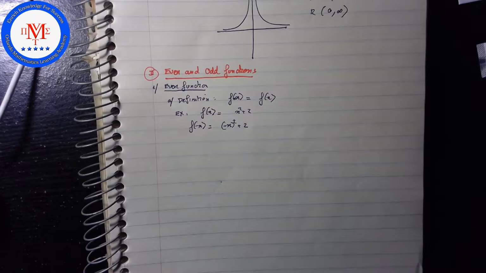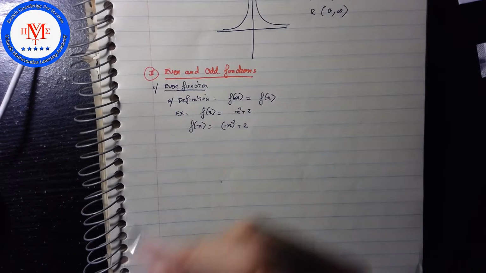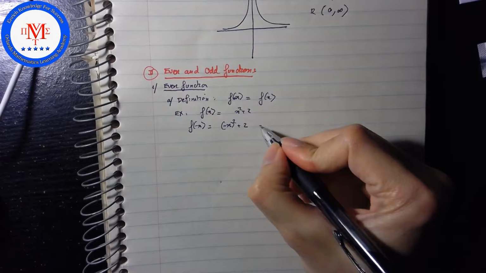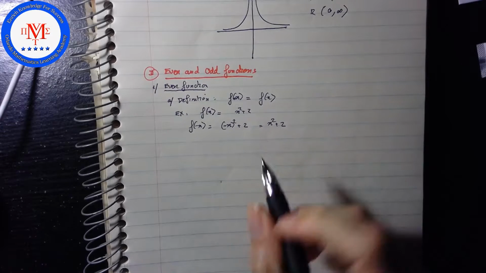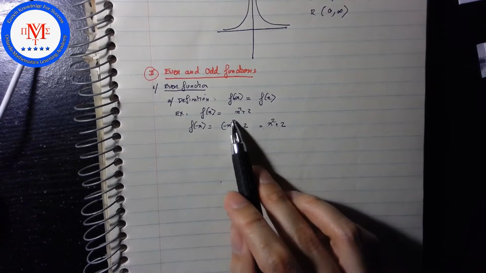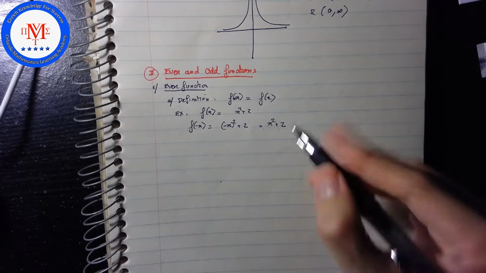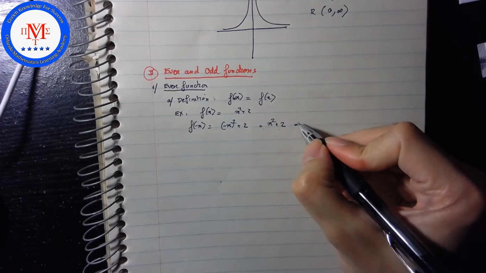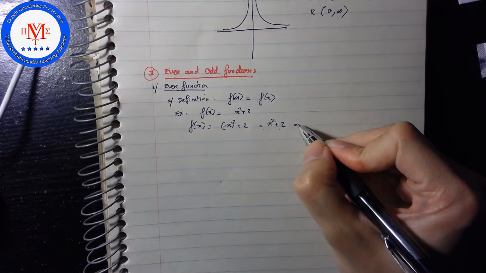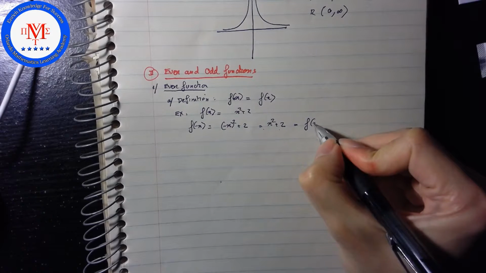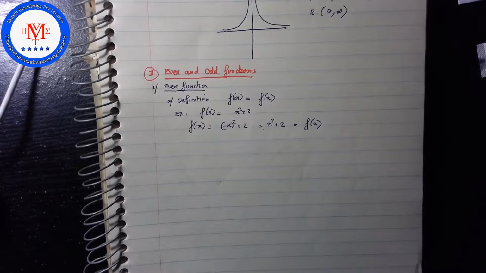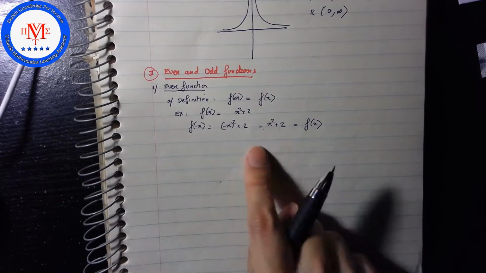So negative x squared is x squared plus 2. So x squared plus 2 is basically equal to f(x), right? So that's why it turned out to become itself. After we replace the x with negative x, f of negative x becomes f(x). So we can conclude that f(x) is an even function.